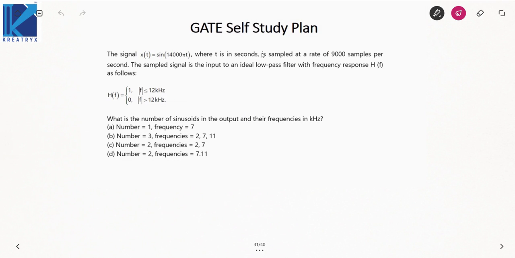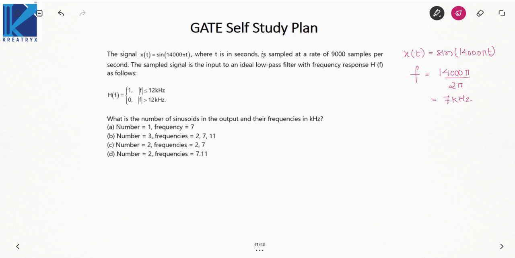Moving to the next one, it says the signal x(t) equals sin(14,000 pi t). What is the frequency of this signal? 14,000 pi divided by 2 pi, that is 7 kilohertz.